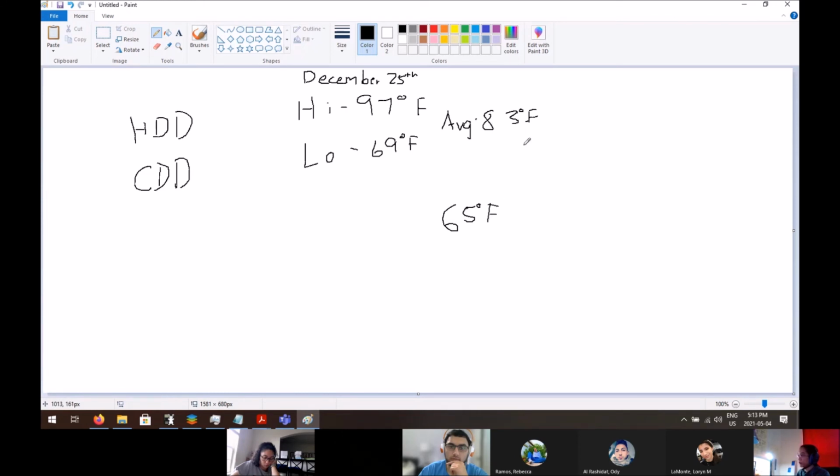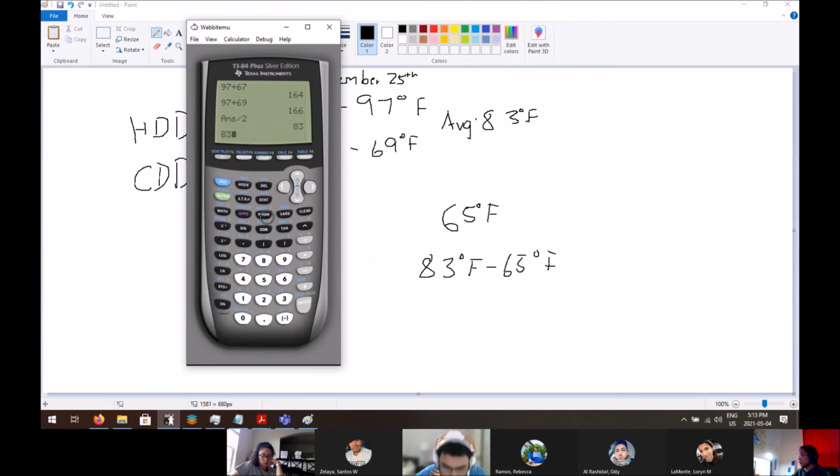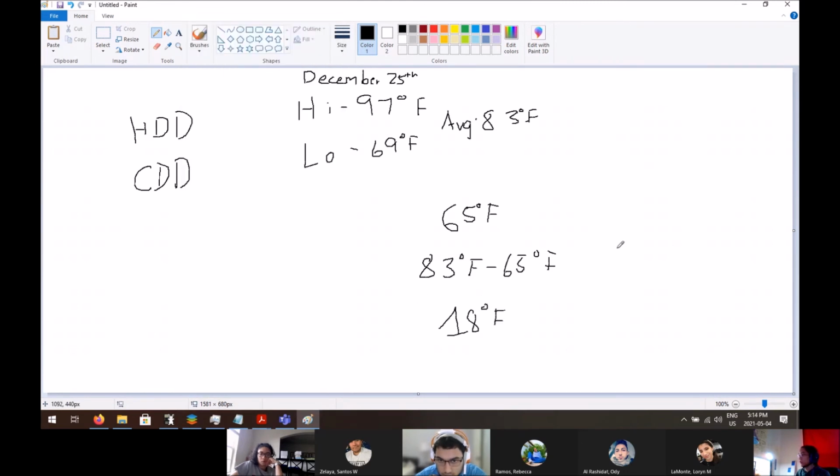That's just something you have to remember. Now, is 83 degrees higher or lower than 65? It's higher, so we're going to have to cool this environment down because it's so hot. But how much do we have to cool it by? 83 minus 65 degrees Fahrenheit is 18 degrees Fahrenheit. So this would turn into 18 cooling degree days.